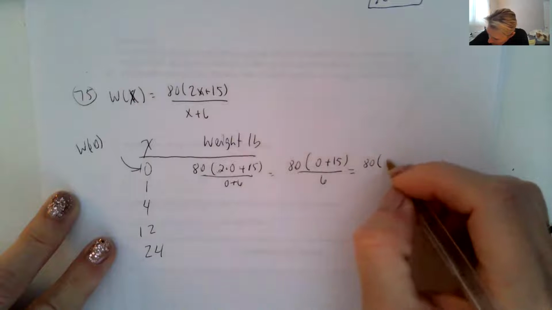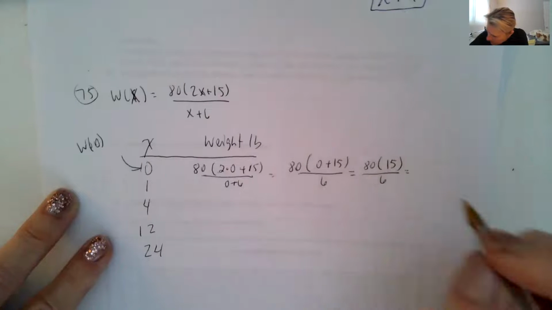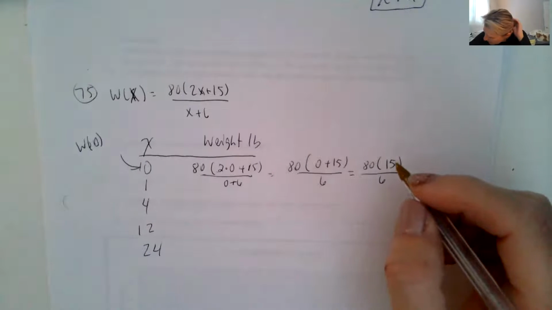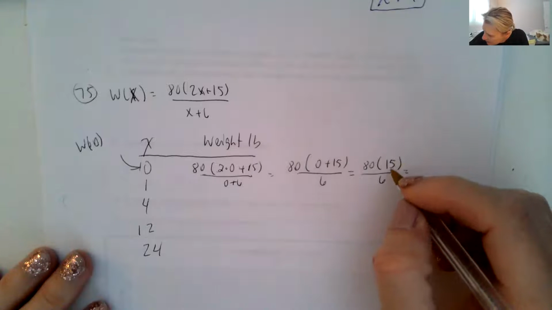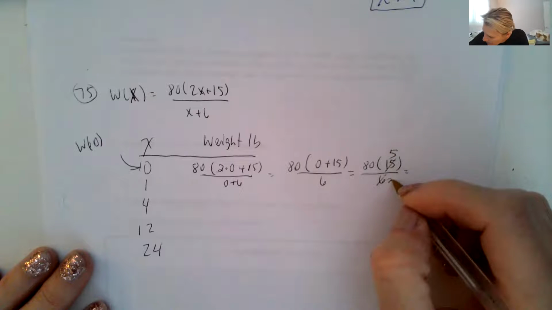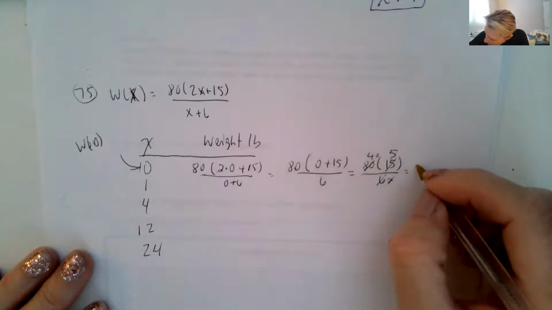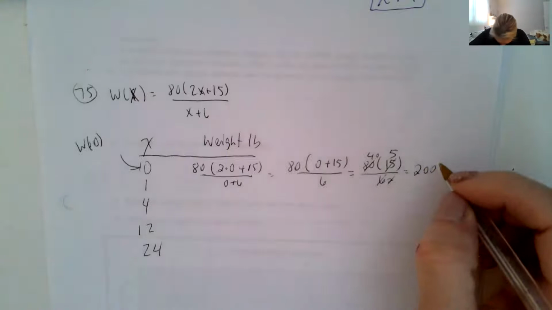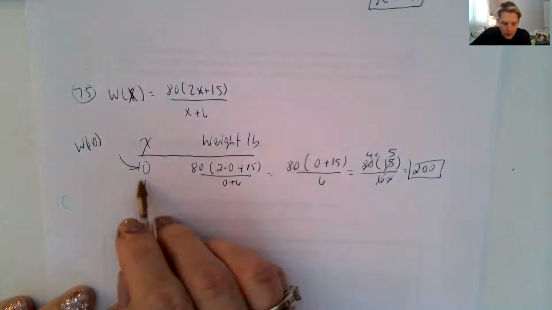So it's 80 times 15 over 6. 5, 2, 40. So this should come out to be 200 pounds. So they weigh 200 pounds at 0 weeks.